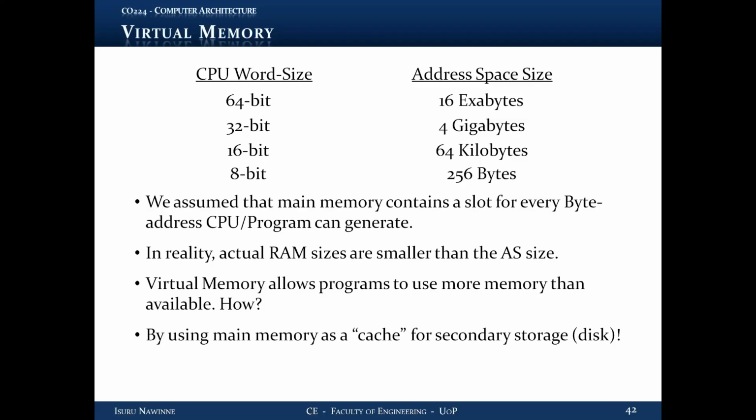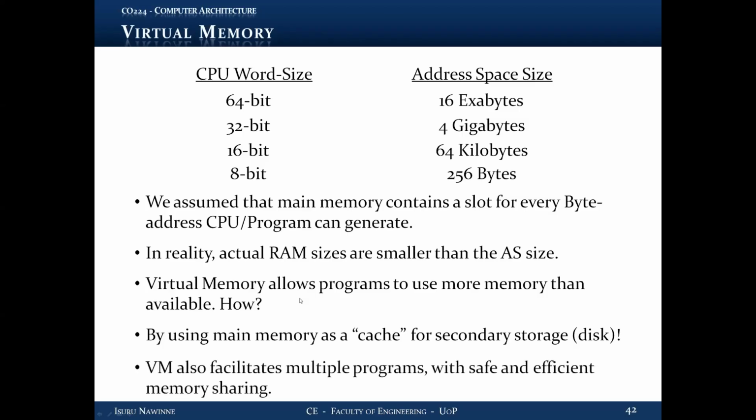But now we are saying that memory is actually not the universal set, the secondary storage is. Everything is in the secondary storage. Memory is going to act as a cache for the secondary storage. And that is the core idea behind virtual memory.